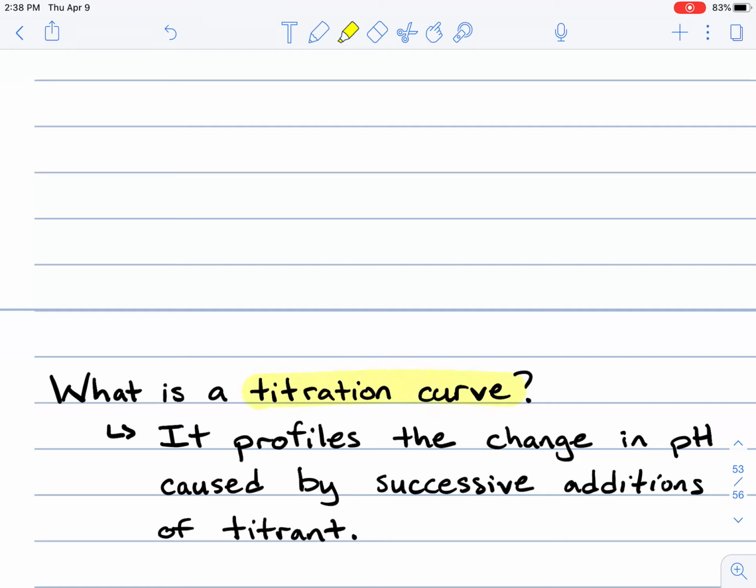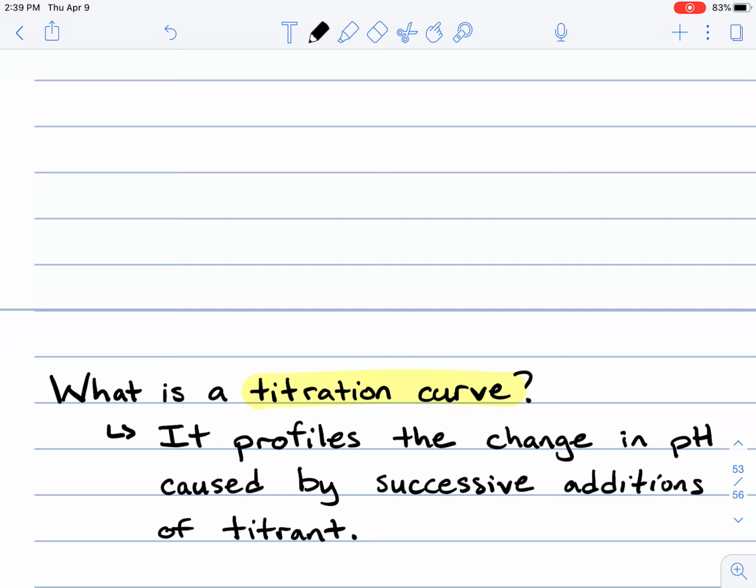We're not going to be doing simple titration calculations for Chem 115. What we're going to do is use our cumulative knowledge that we've discussed in this chapter to create a titration curve by hand. Dun dun dun. All right, and so what is a titration curve?